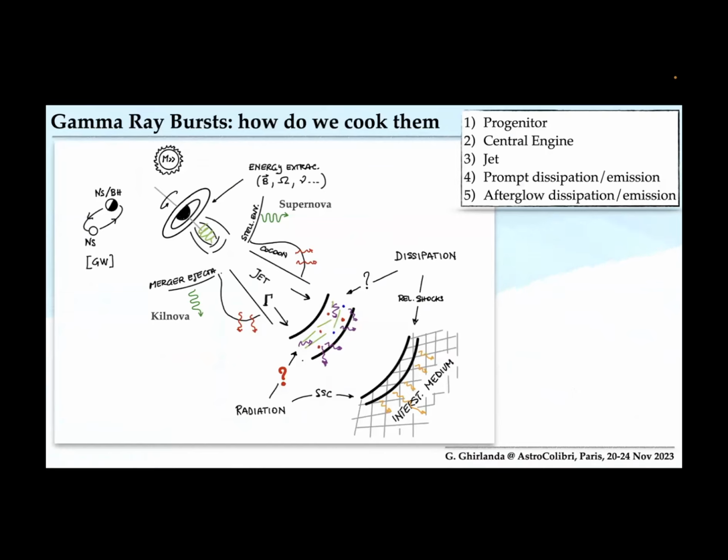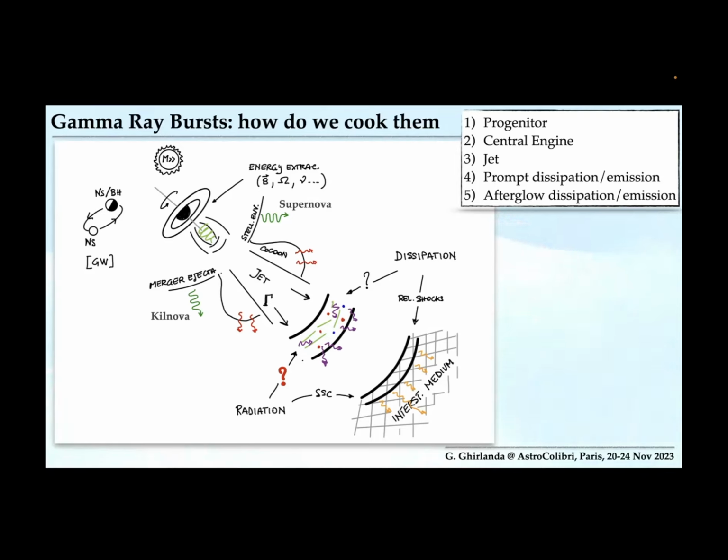Now, more or less, we can tell the story this way. We think there are two pathways that lead to gamma-ray bursts, in the form either of the collapse of massive stars, thought to be progenitors of long GRBs, or the merger of compact objects in binaries having at least one neutron star.